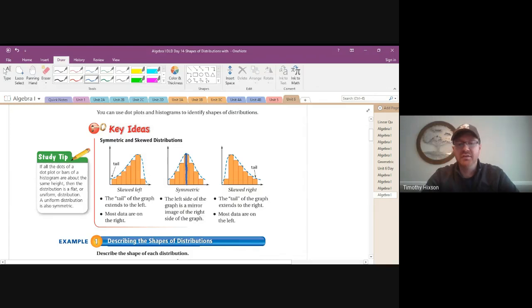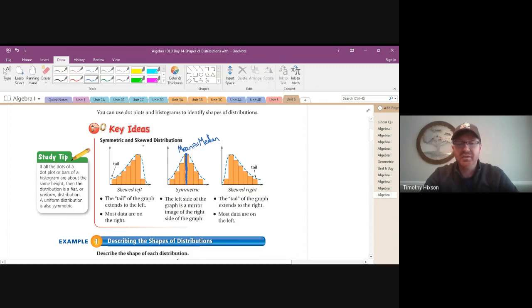Now, the reason why this is significant is because it's symmetric, the mean is going to be approximately the same as the median. We've been talking about mean and median a lot, median especially with our 5-number summaries and quartiles with the box plots. But here, the mean and the median are approximately the same thing.